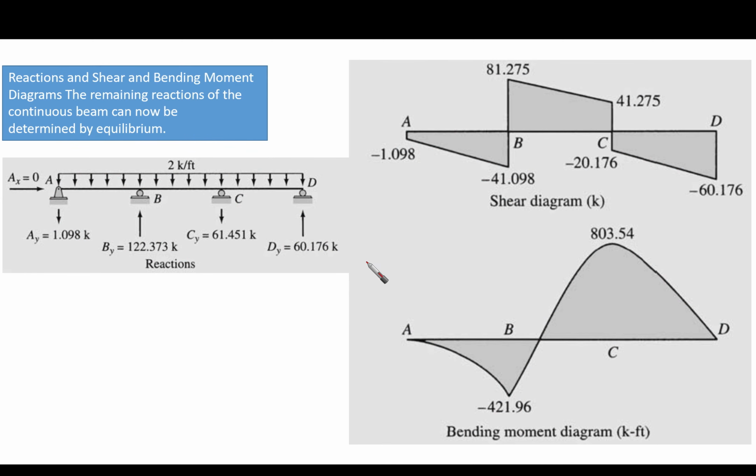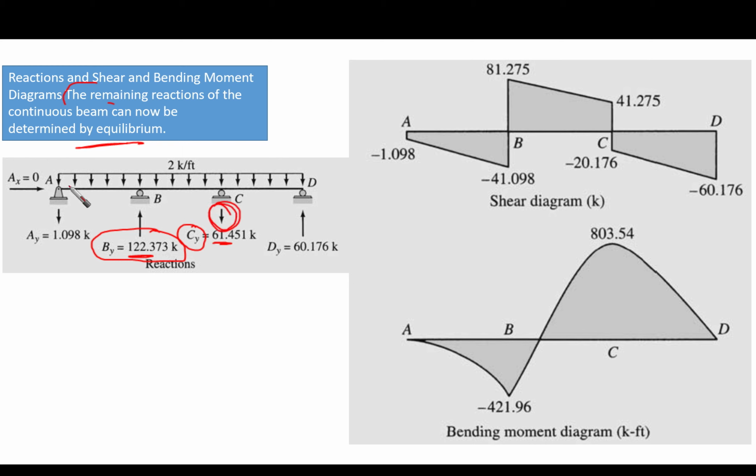Now the last step is the reactions and the shear and bending moment diagrams. The remaining reactions of the continuous beam can now be determined by equilibrium. It's very easy because we already know BY is 122 going upward. CY is going to be 61, going downward. Take care of this.